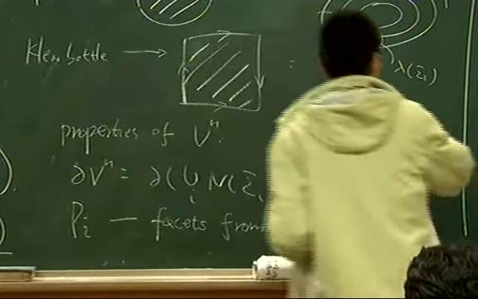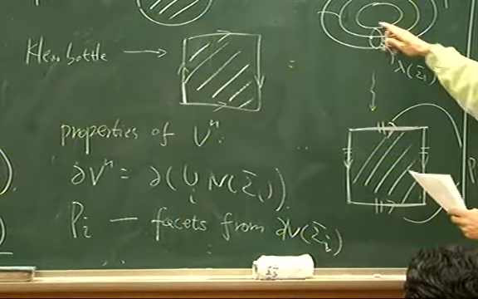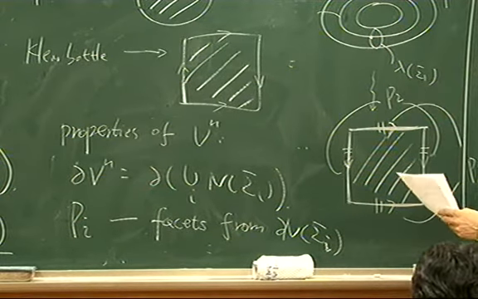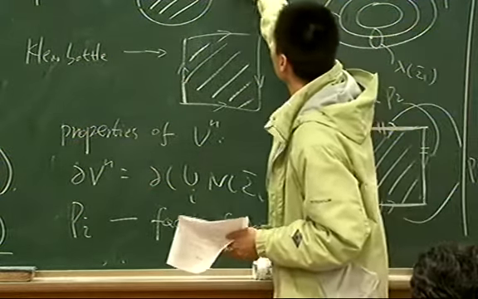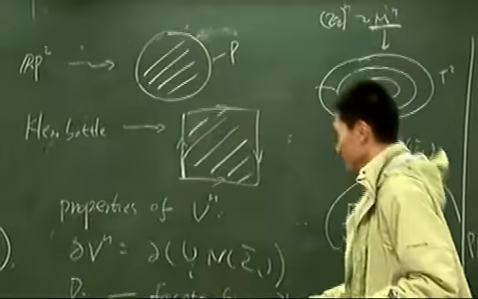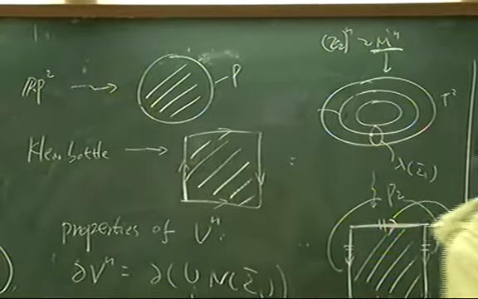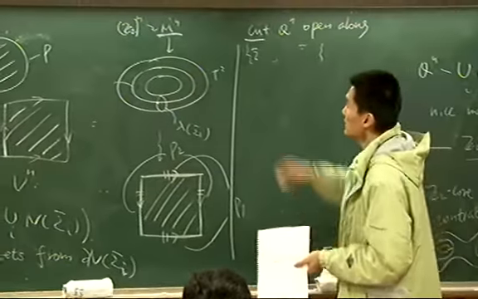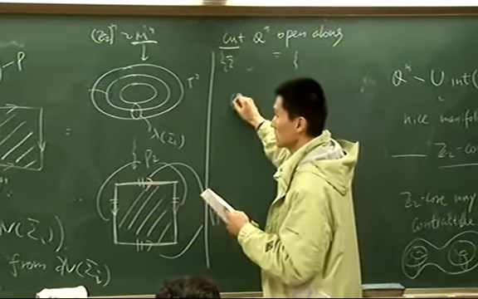So here this is P1, because it comes from one circle, and this is P2. Well, of course here there's only one panel. And then there's an extra structure which encodes the cutting.